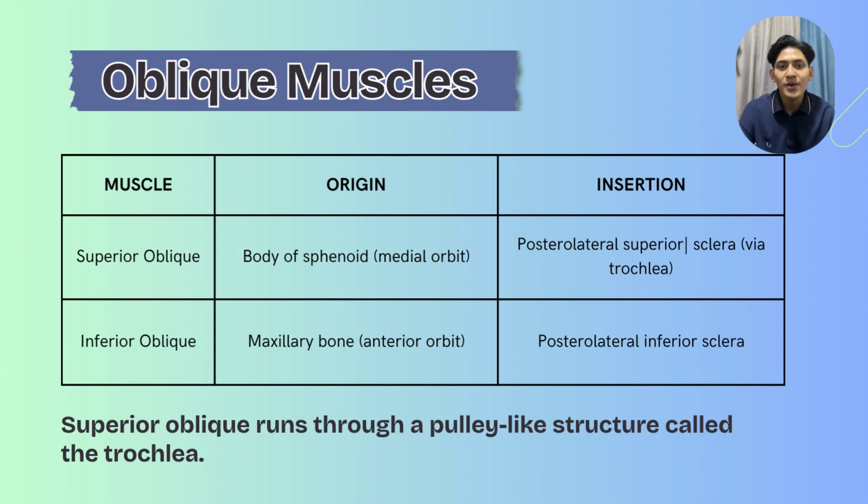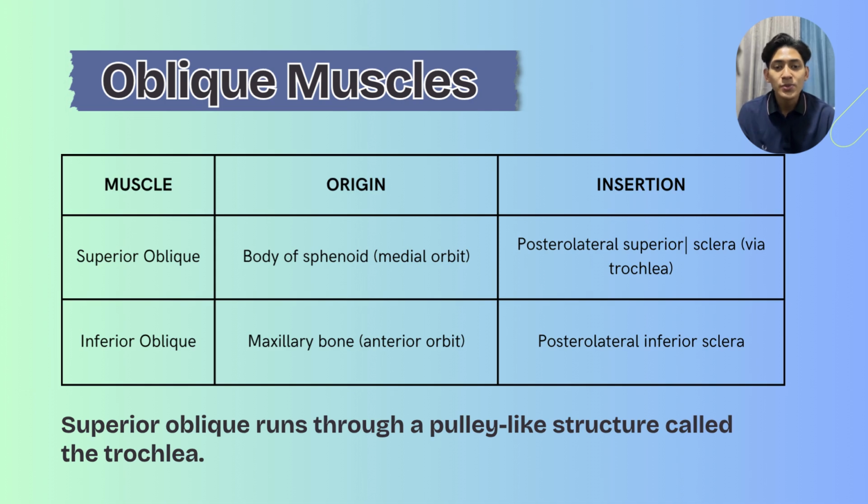Now let's talk about the other two extraocular muscles, the superior oblique and inferior oblique. These muscles are different from the rectus group. Superior oblique does not come from the annulus of Zinn. It starts just above it, from the sphenoid bone.